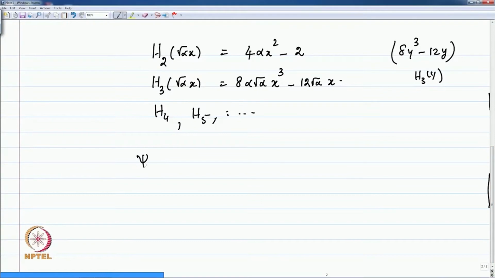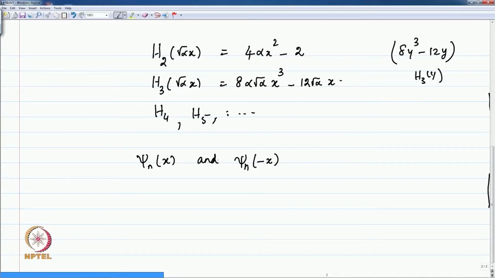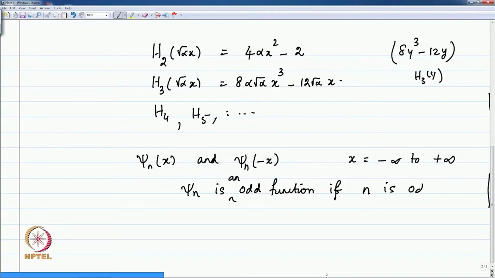That is, if you consider the wave function psi n of x and psi n of minus x, since you know that x can take values from minus infinity to plus infinity, that is, on either side of the oscillator's equilibrium position, then psi n of x and psi n of minus x have this property, namely psi n is an odd function if n is odd, and psi n of x is an even function if n is even.